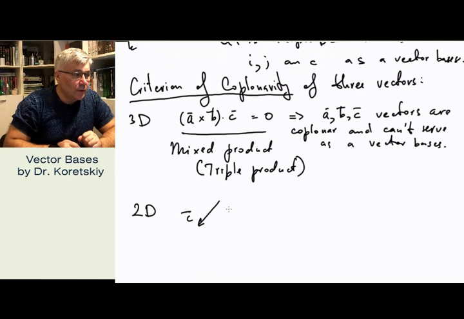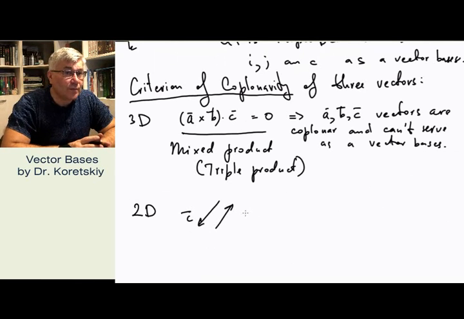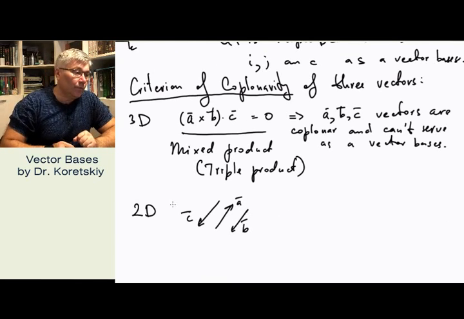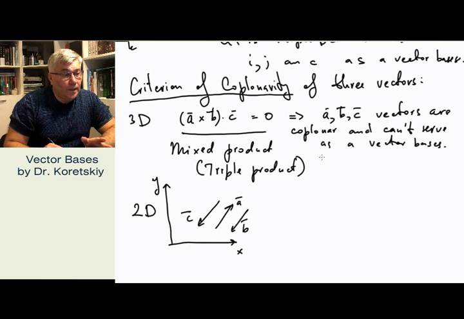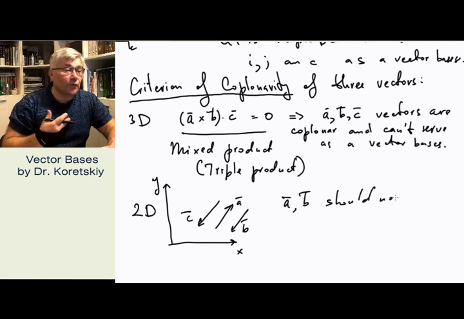For 2D space, you can pick out two vectors as a basis if they are not parallel. So in 2D space, we have x, y. Two vectors which have the same direction or opposite direction can't be a basis.